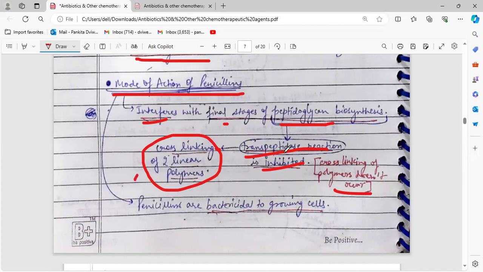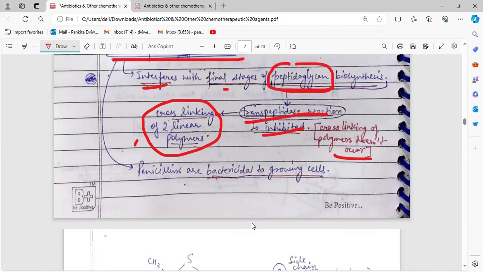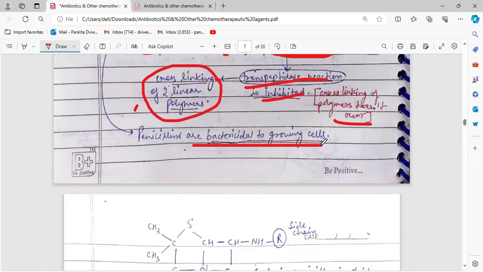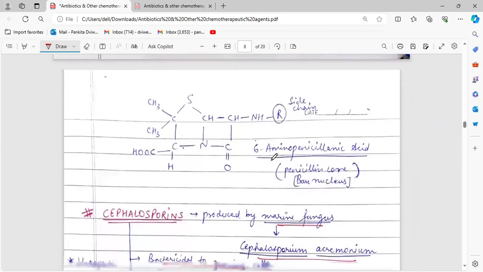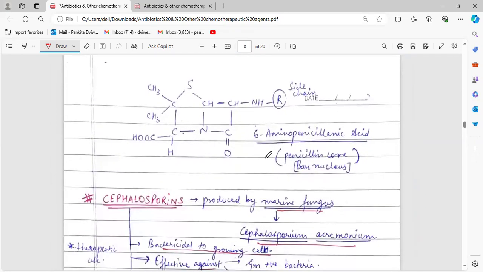So due to this the cell wall synthesis is inhibited. And penicillins are bactericidal to all the growing cells as they do not let the peptidoglycan layer form.